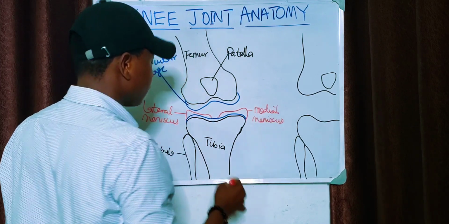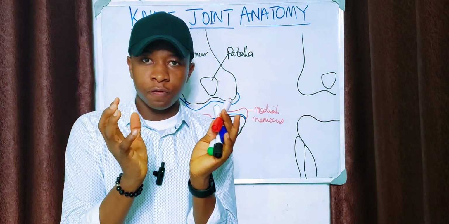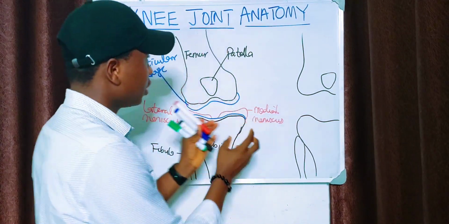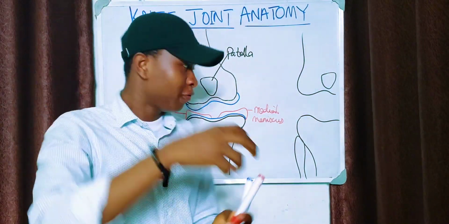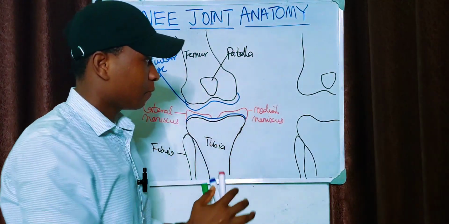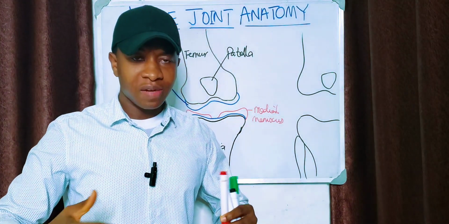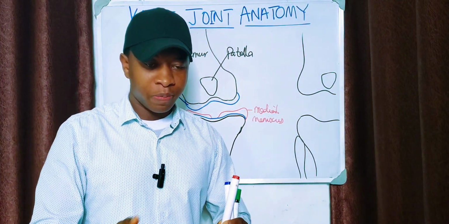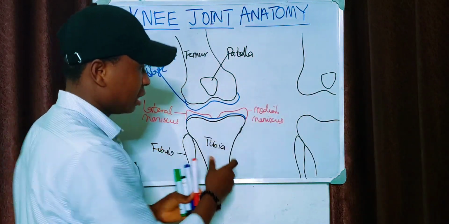Now, this meniscus forms something like a groove that helps the femur. So the femur sits on this groove. The meniscus is very important because it serves as a cushion, preventing the femur from sliding off the tibia.